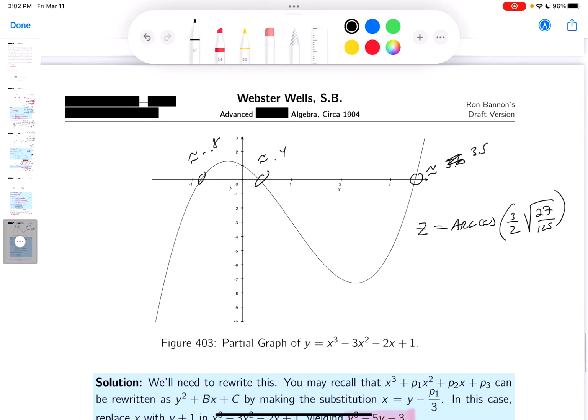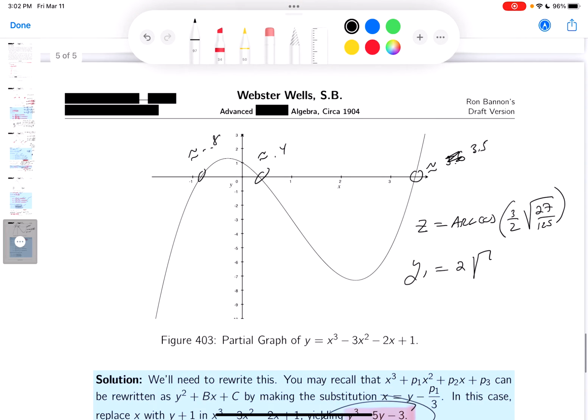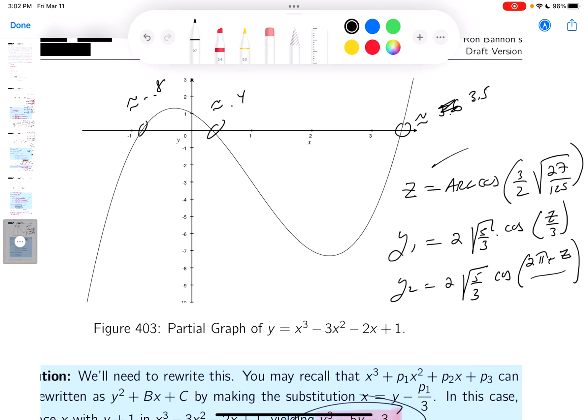Then you have to write these down. It's not x, it's y, again, because we're using this depressed form. So what's y1 going to be? 2 square root of, and again, I'm not looking to simplify anything, a over 3, that's 5 over 3, times cosine of z over 3. y2 is going to be 2 root 5 over 3 cosine of 2 pi plus z, where z is the number up here, over 3.